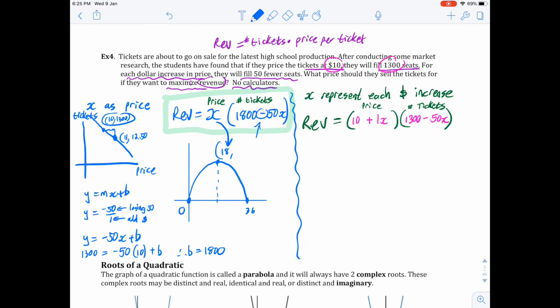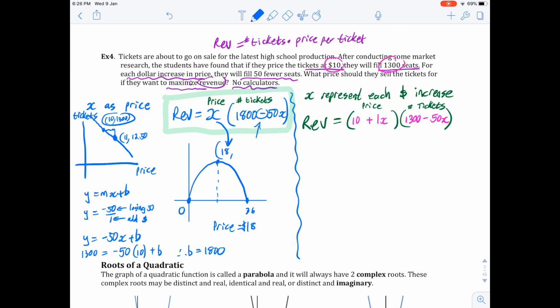So charging $18 produces the maximum revenue. So the function here was harder to obtain, but once we obtained it, it took us straight to the ticket price, which in this case maximizes revenue. And so that answers our question. What price should we sell the tickets for to maximize revenue? The answer is the price should be $18.